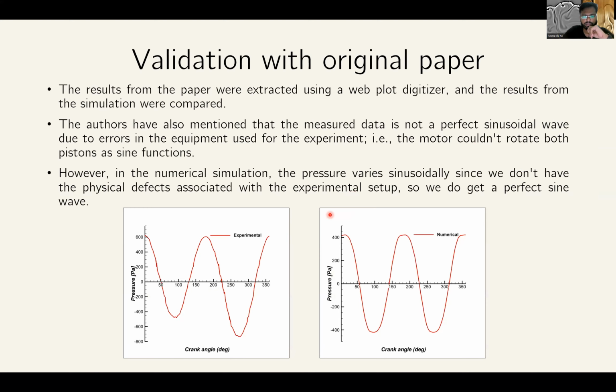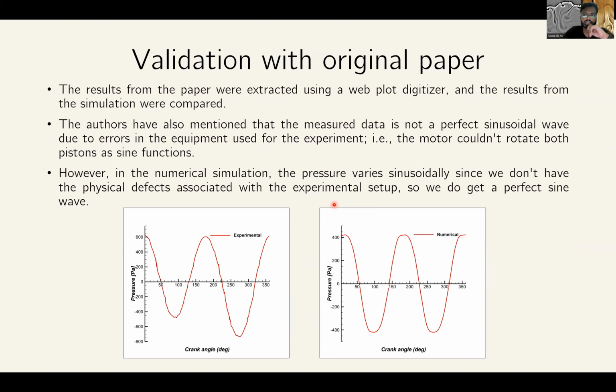From those results, the pressure with respect to crank angle is calculated and plotted. As you can see, there is a similar correlation between the existing paper's graph and the numerical results. The reason we have a clean sinusoidal wave and the paper has two peaks is that, since it is an experimental paper, it had manufacturing defects.